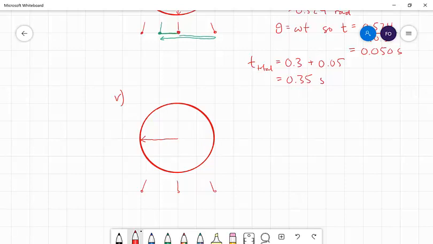So we know that 0.15 seconds is exactly a quarter cycle. So this is actually reasonably easy. It's going to be exactly at equilibrium position. So we can say it will be at equilibrium position. Where we put our starting phasor depends on what the starting point is of our motion.